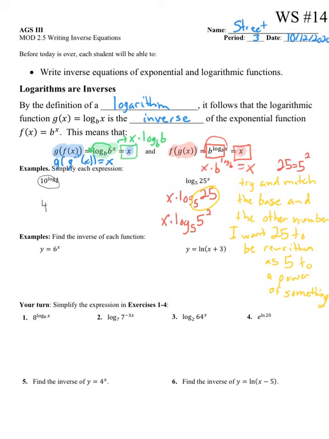And once I have that, I can write the 5 squared over here, and this 2 is just going to drop out in front, so I have 2x times log base 5 of 5. Log base 5 of 5 is just 1, so I'm left with 2x. And that's simplified for this example. Okay, that's the idea.